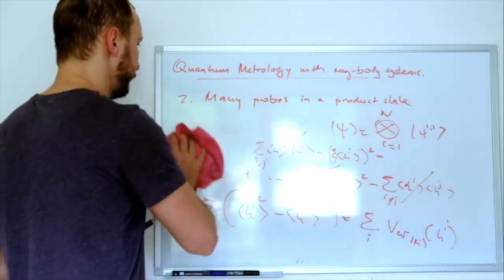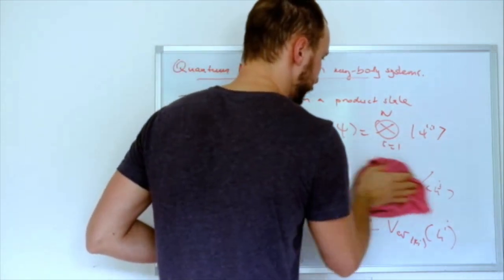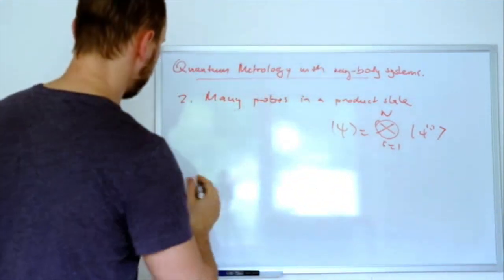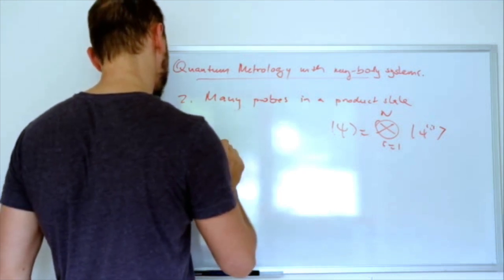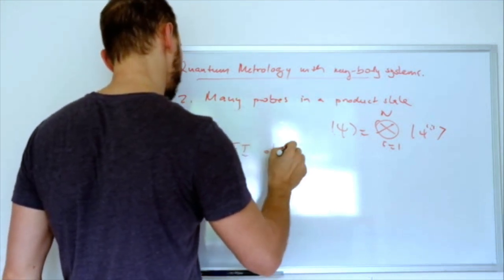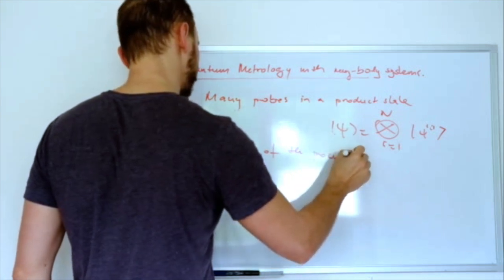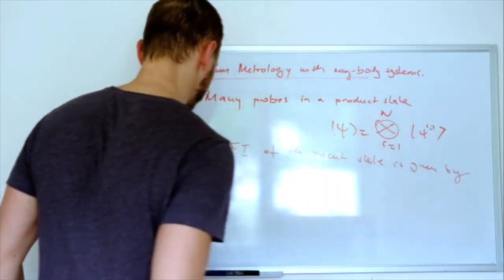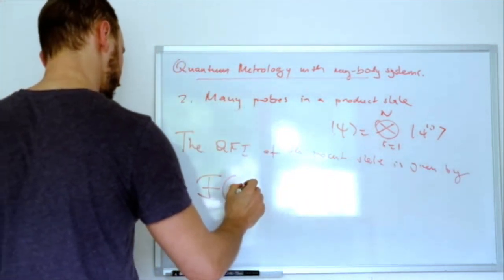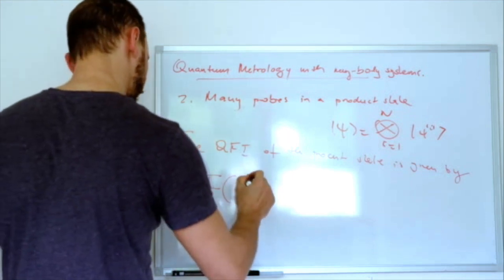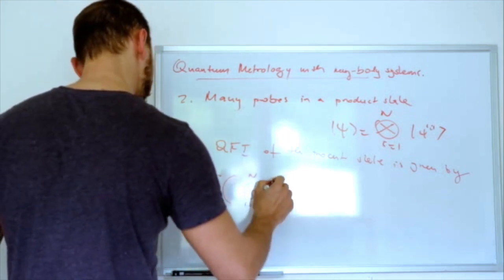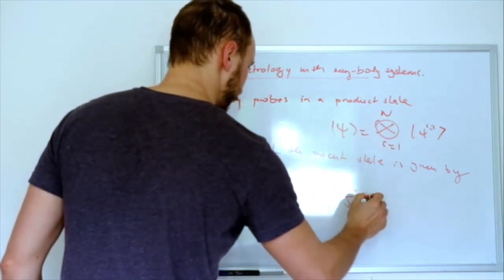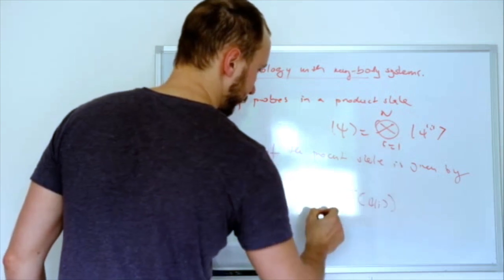So what we prove here now is that the quantum Fisher information of this product state is given by the sum of the Fisher informations of the individual states psi_i.